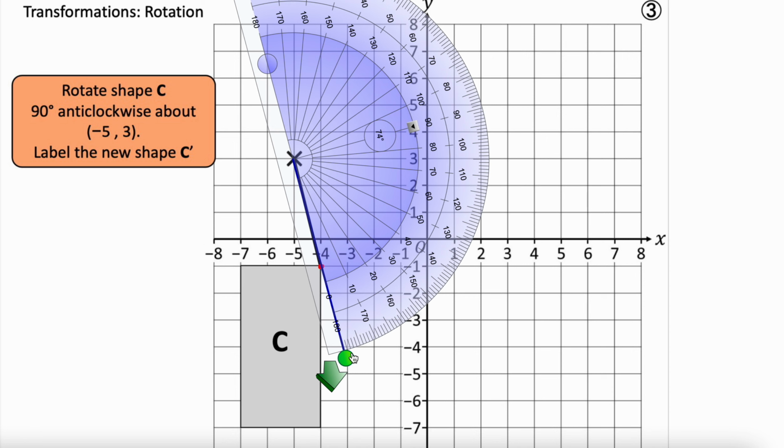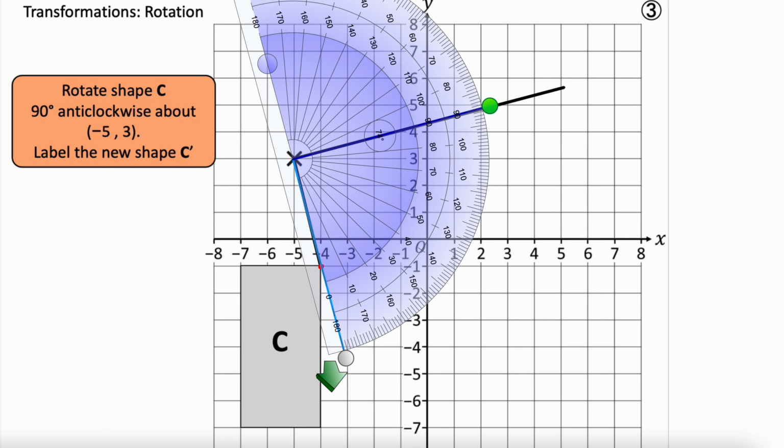So clearly now we can see that this line here we are going to move anti-clockwise, so this direction, for 90 degrees. So more or less here. And then to make it easier later on, we will make a line from that center of rotation to where the line of 90 degrees rotation is.